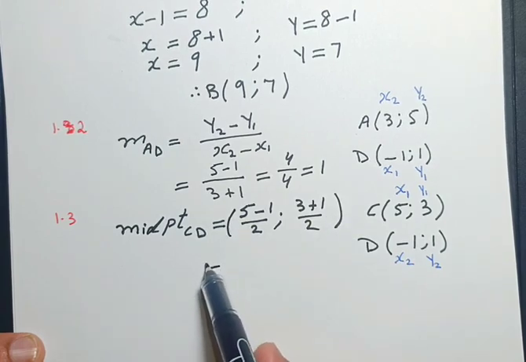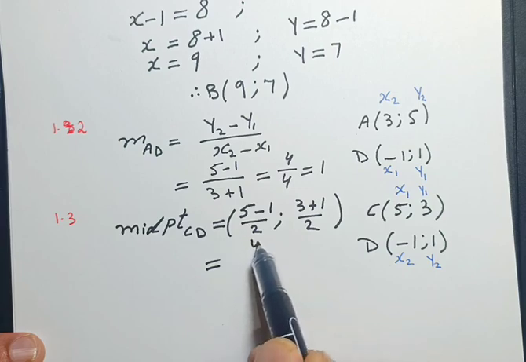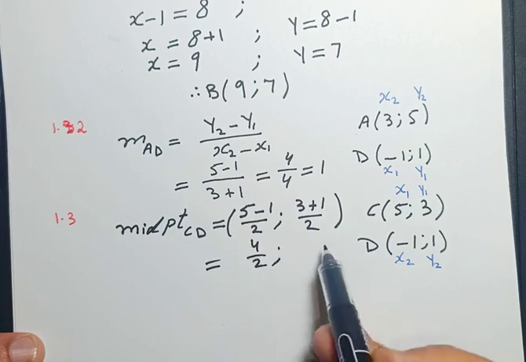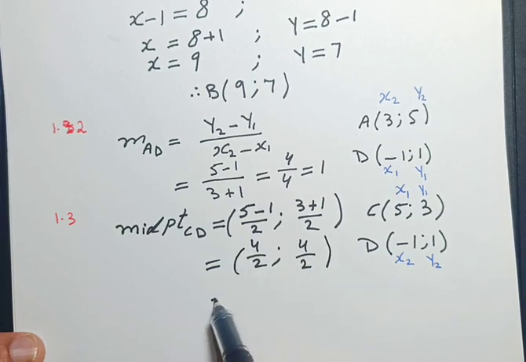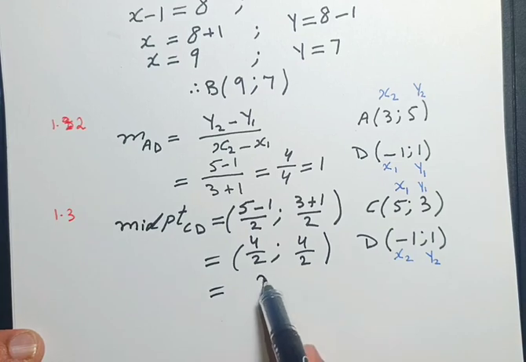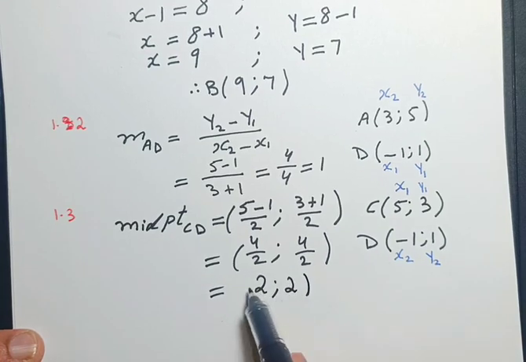I'm going to simplify with the calculator. This is going to be 4 over 2 and also 4 over 2.